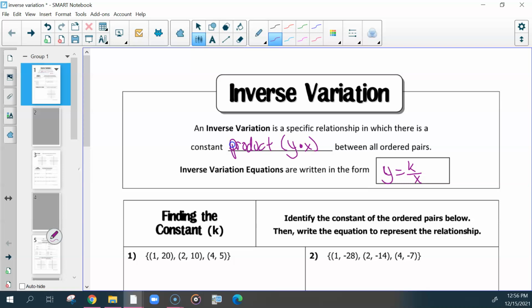Remember that y is really over 1, so this would be y times x equals k times 1, which is really just yx equals k, which is how we get this product to find our constant.